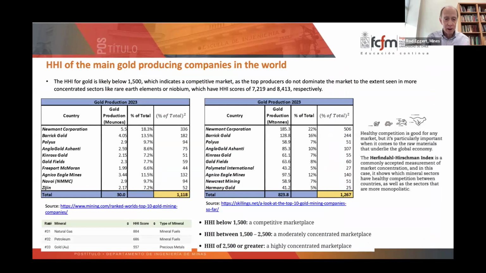I realize it depends a little bit on whether you do it in tons or ounces. I'm not quite sure why the market shares differ, but ignore that. But for example, looking at the table on the left, one could square 18 times 18 plus 13.5 squared and so on, which would give one a number.